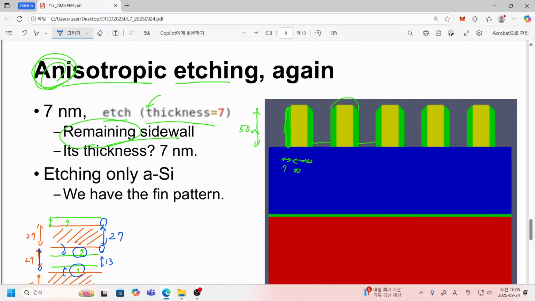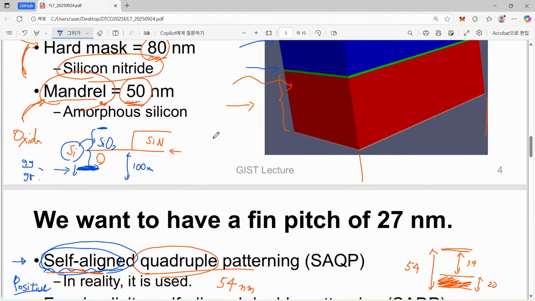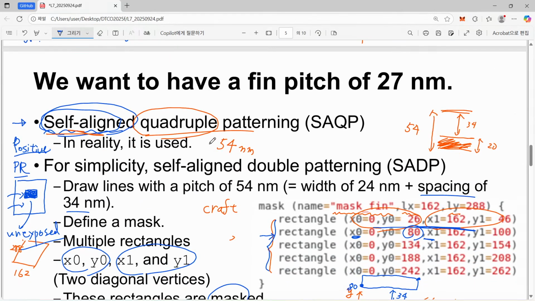Of course, although we say that we can use, for example, this specification, width equal to 24 and spacing of 34, then we can make a uniform spacing. But it is just a naive calculation. In reality, we have to do a lot of repeated exercise. Make it, and it becomes non-uniform. Oh, then I have to change it a little bit.